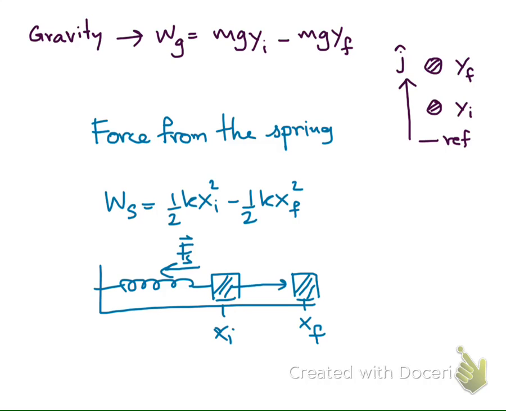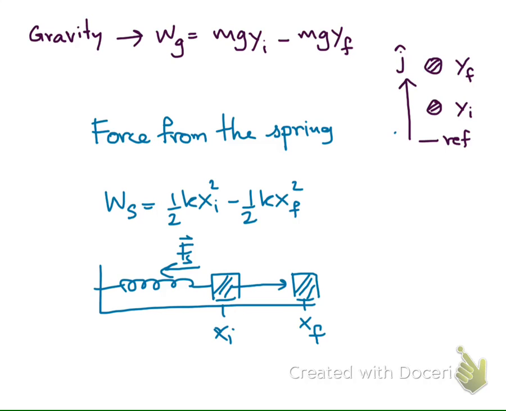We can see that in both cases, the work from gravity and the work from the spring force do not depend on the path; they depend on the initial and the final position of the object. So it has the property of a conservative force.